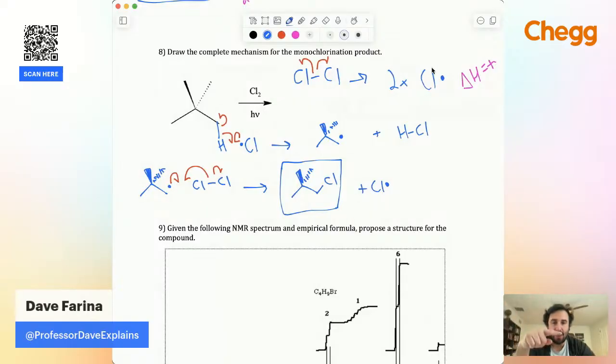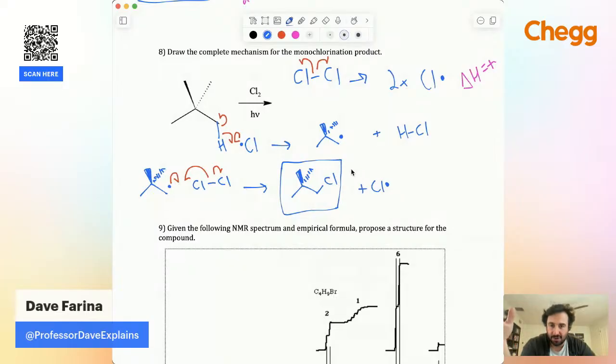One covalent to two radicals. Termination is two radicals to one covalent. So you could have drawn it that way. It's just statistically much, much less likely. The alkyl radical is way more likely to run into diatomic chlorine in solution than a chlorine radical. So that's it. We've got an initiation step and two propagation steps to get to the product.